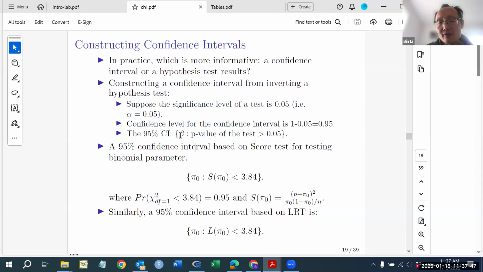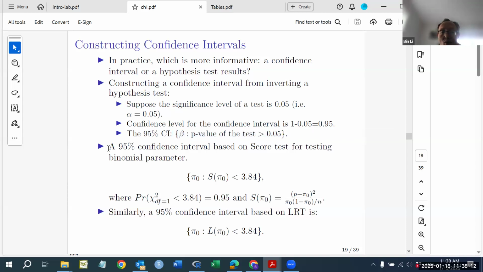In other words, if the confidence interval includes the hypothesized value, then we fail to reject the null hypothesis. If the confidence interval does not include the hypothesized value, then we reject the null hypothesis. You see that? So we can do a hypothesis test through a confidence interval.